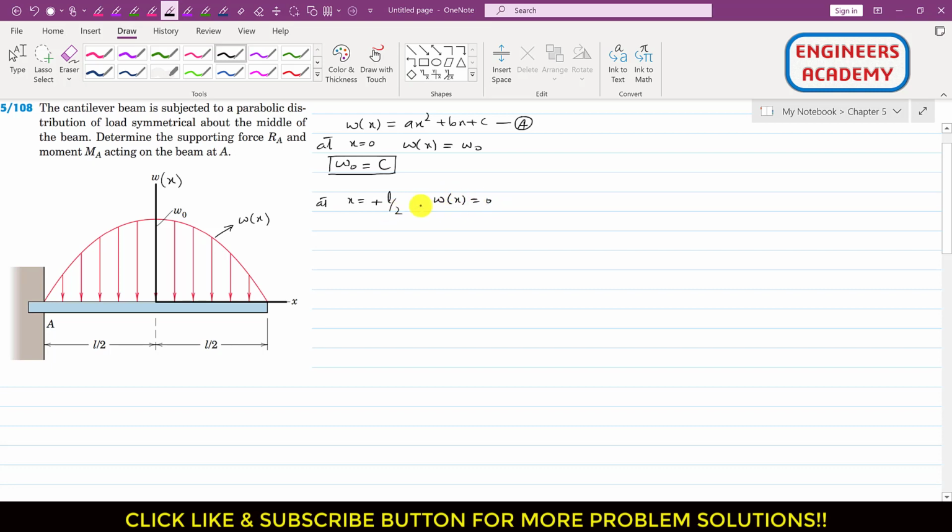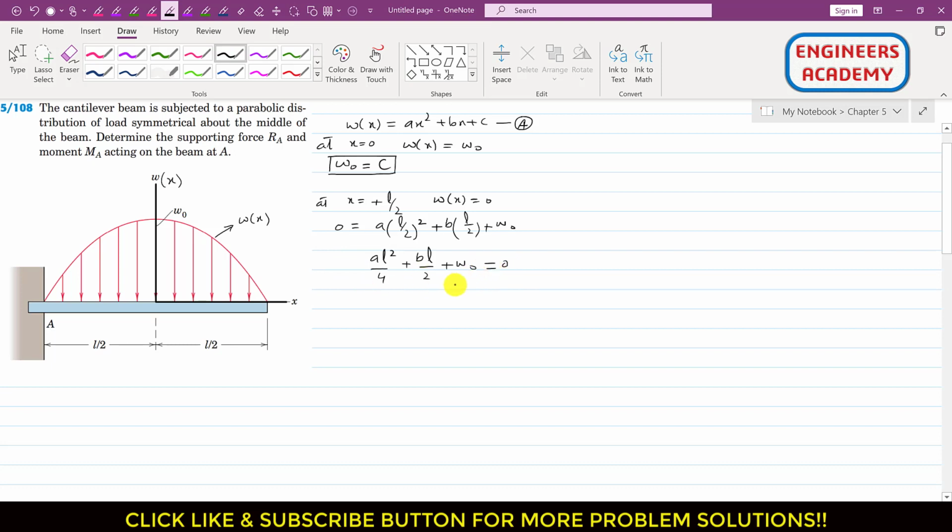So now if we put these two conditions in that equation A, we can write 0 equals a into L divided by 2 squared plus b into L divided by 2, and we know c is omega naught. So this is a L square divided by 4 plus b L divided by 2 plus omega naught equals 0.